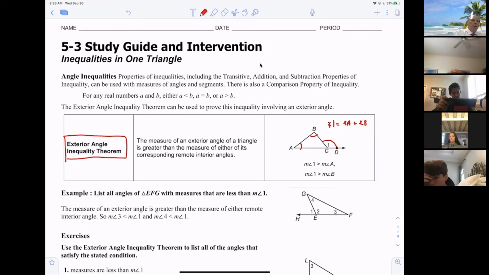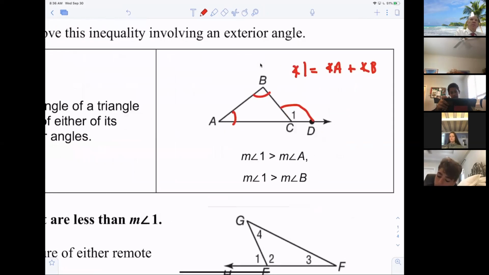Now, I want everybody to listen to me because this messes people up all the time. Is BCD greater than ACB? We don't know. I say no. We really don't know, right? Because I could make the exterior angle like this, guys. Watch me, please. This could have been over here, right?